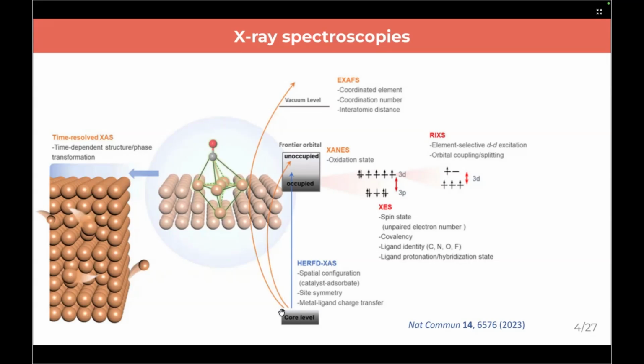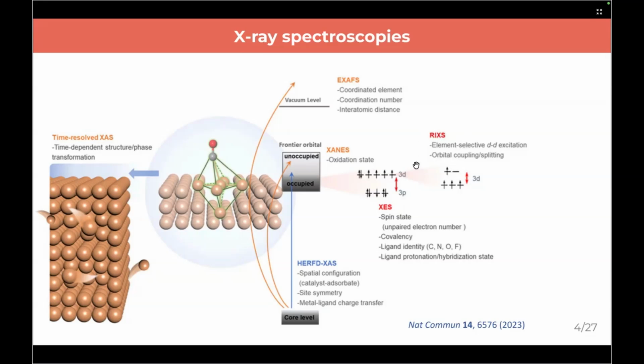And if you use a photon to excite an electron from the core level to the unoccupied state, then we have X-ray near-edge spectroscopy, which can tell you the information about the oxidation state. And the extended X-ray absorption fine structure can tell you more about the local crystal environments of the elements you are probing.